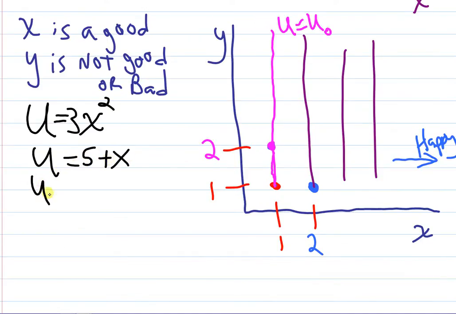Or utility equals the square root of x. We don't know. But any of these functions where y does not appear at all, doesn't impact our utility in any way, would work. Now, if you want to think about a Cobb Douglas kind of utility function, we could add y here, but add a 0 power. Because any amount of y to the 0 power is just going to be 1 and cancel out there, okay? So we could do it like that also.